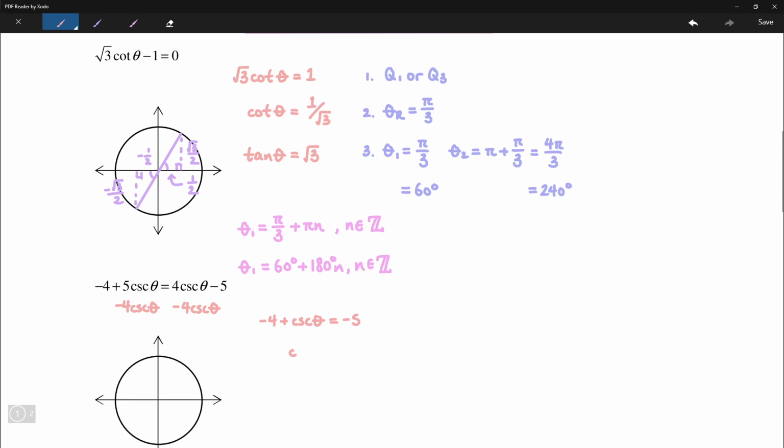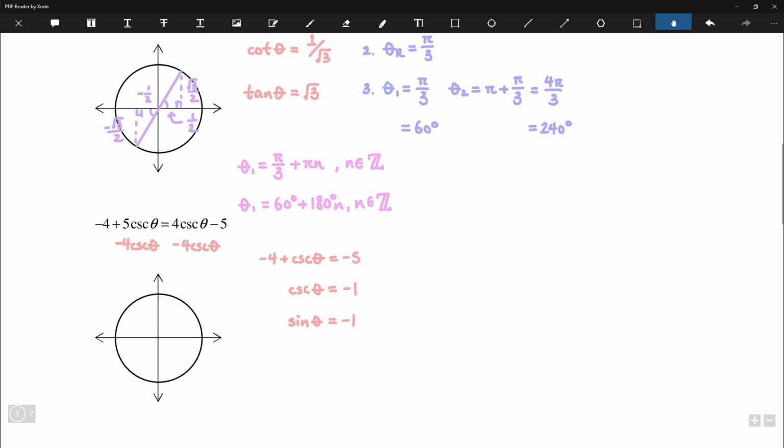And then therefore, cosecant theta is going to be equal to negative 1. And again, taking the reciprocal of both sides, we'll have sine theta is equal to negative 1.